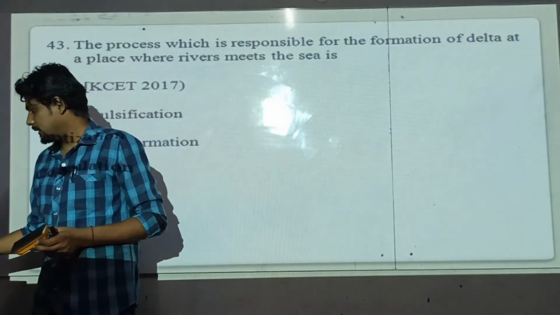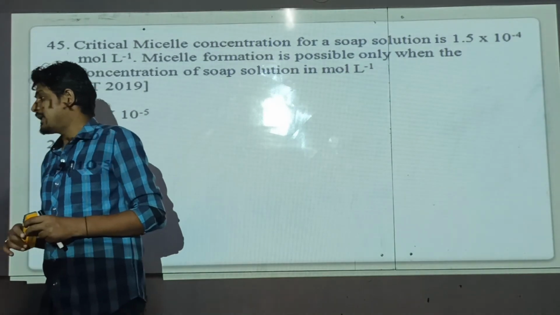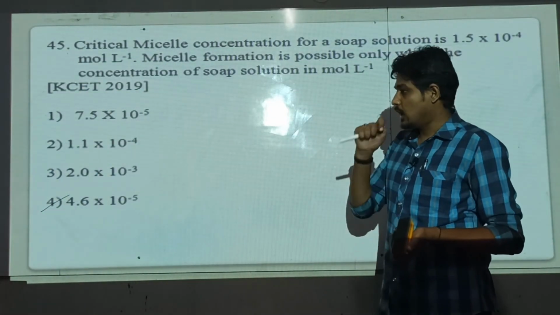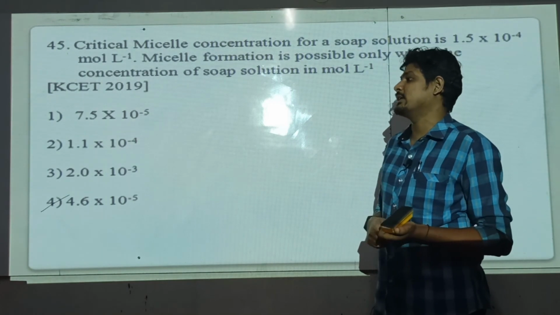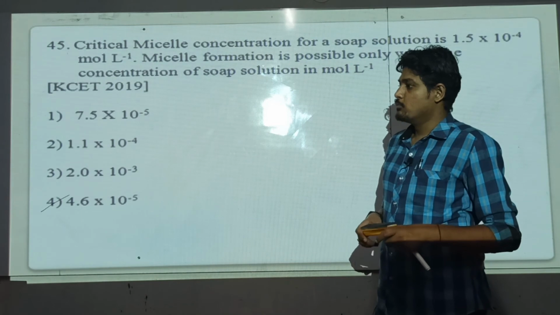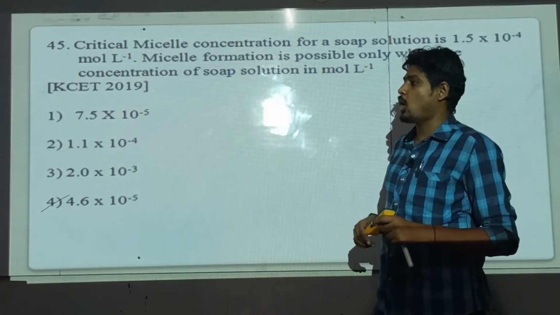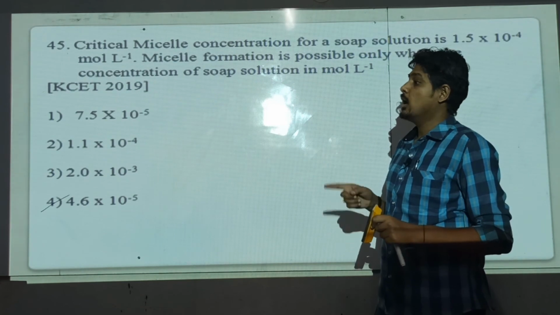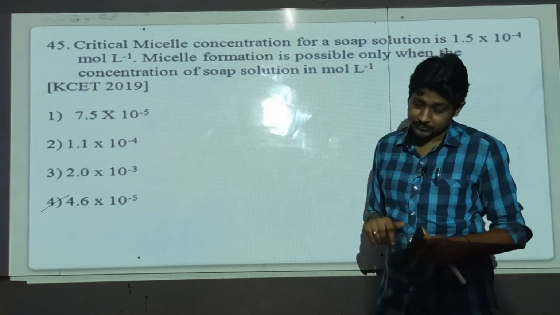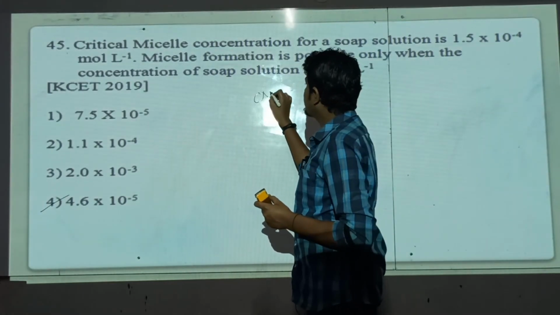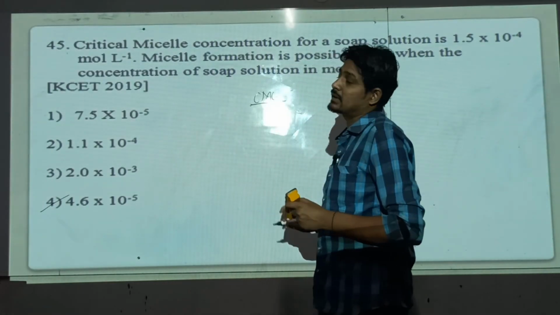Next question: the critical micelle concentration for a soap is 1.5 x 10^-4 moles per liter. Micelle formation is possible only when the concentration of the soap solution in moles per liter is what? We know that CMC is the critical micellization concentration.